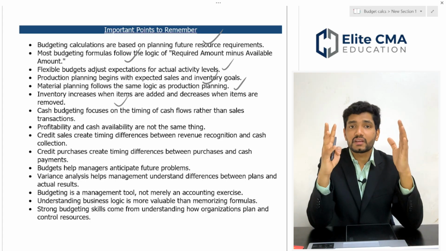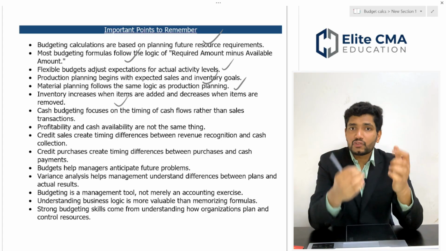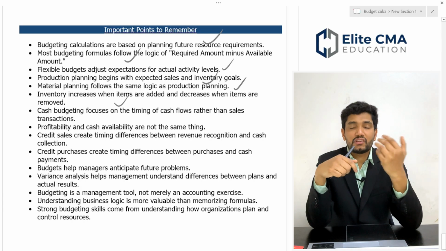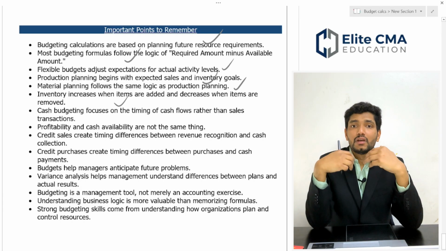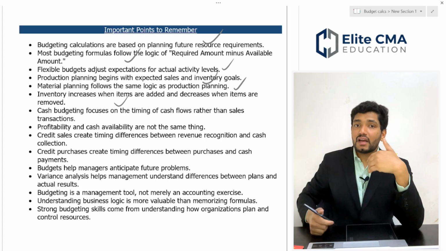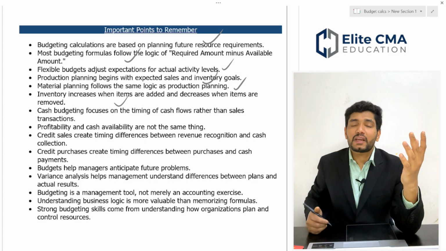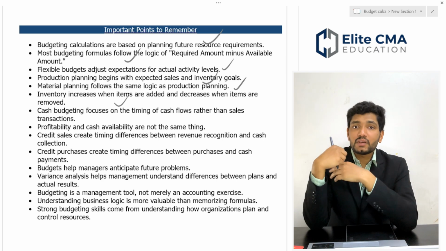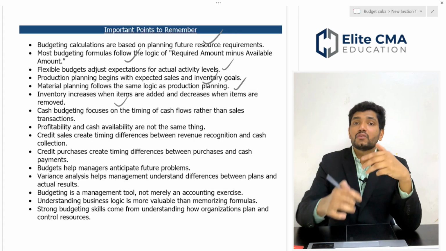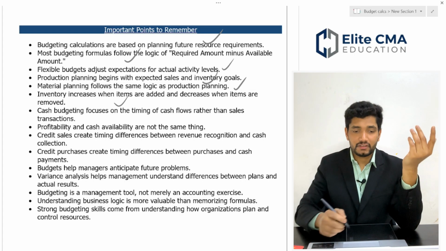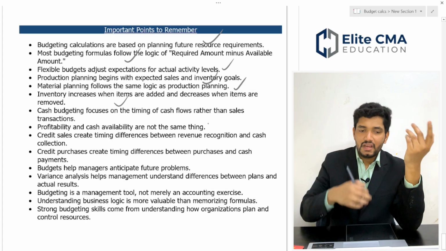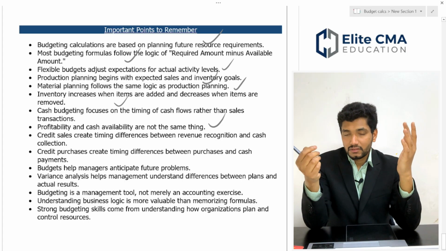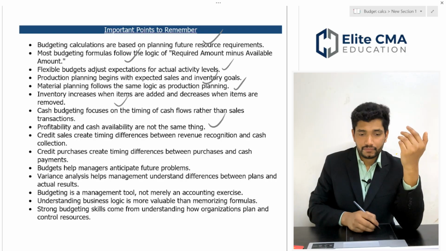Again, cash budgeting. Cash budgeting is focused on cash inflow and cash outflow rather than business operations like sales and purchase. When it comes to sales, the collection terms have to be considered. When it comes to purchase, your payment terms with the supplier have to be reviewed while you are preparing the cash budget. Again, profitability and cash are different concepts and different things.